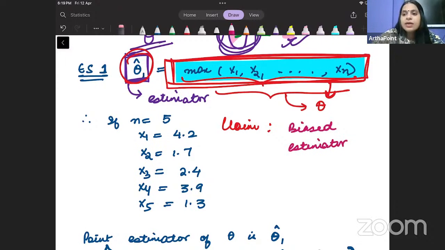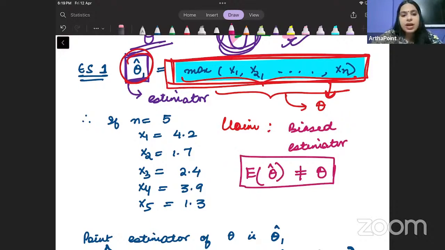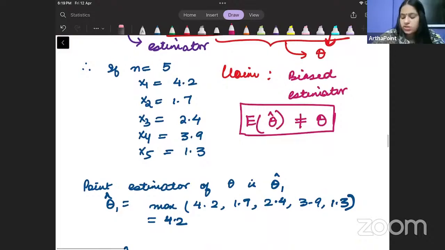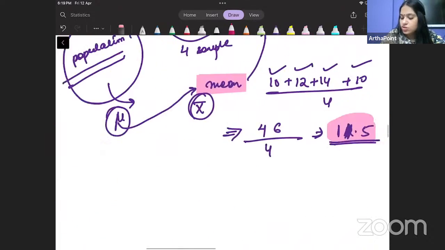Right? My claim is that if I find the expected value of theta hat, it will not be equal to theta. It will not be equal to theta. This is what this example is about, right? And this is very easy to prove through this only.